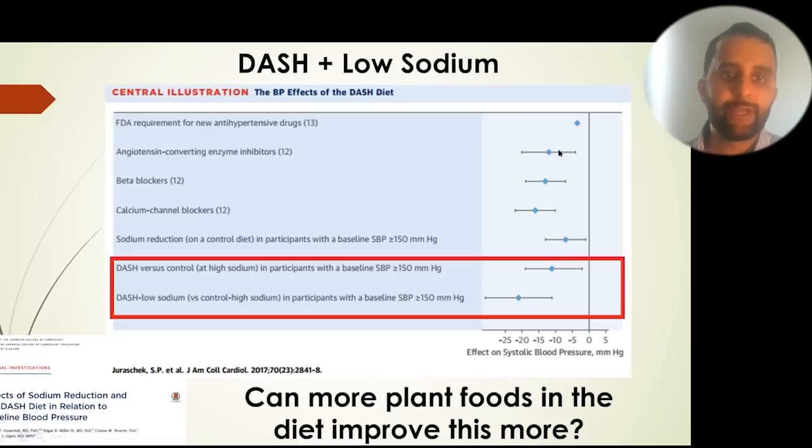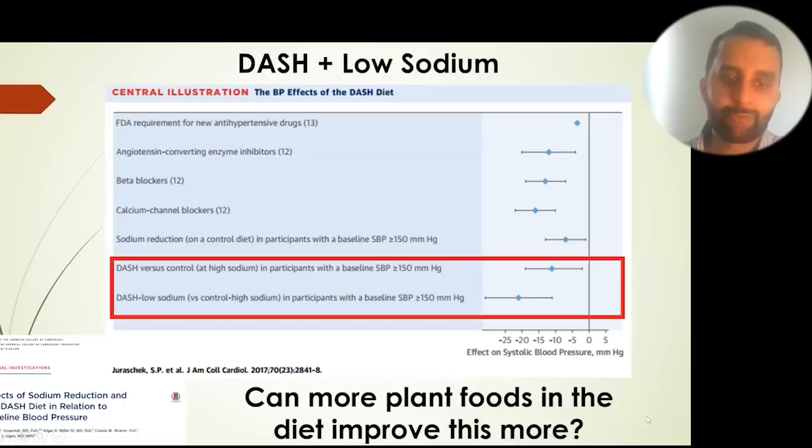You can see that for ACE inhibitors, beta blockers, and calcium channel blockers, blood pressure reduction is substantial, but it's not as much as the DASH diet, or certainly with the DASH diet combined. Sodium reduction by itself also provides a significant amount of blood pressure reduction. The main takeaway is that the most blood pressure reduction you can get is when you combine a DASH diet with a low sodium diet. You get the biggest bang for your buck.